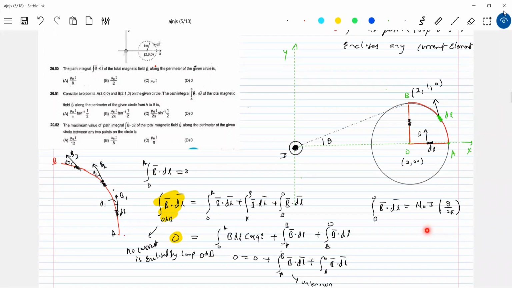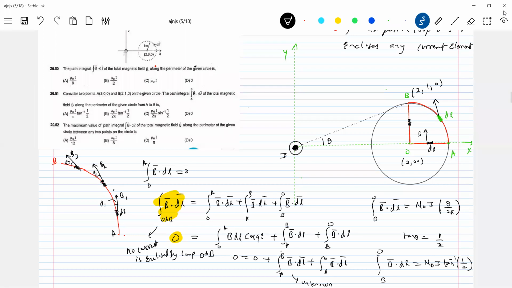No? Tan theta is how much? Tan theta is 1 by 2. Substitute that here. So B2O is mu naught I tan inverse of 1 by 2.